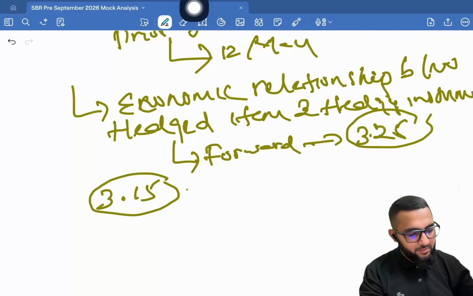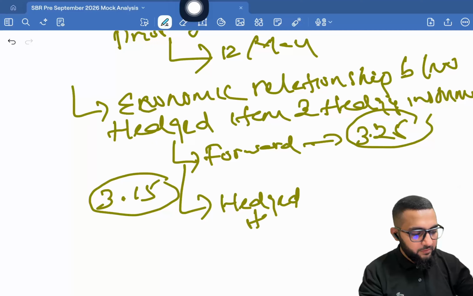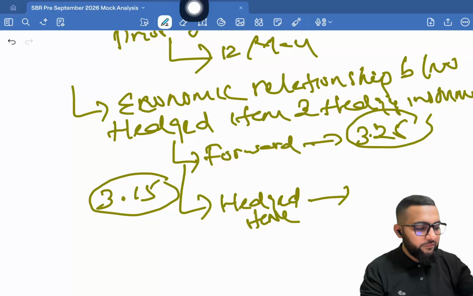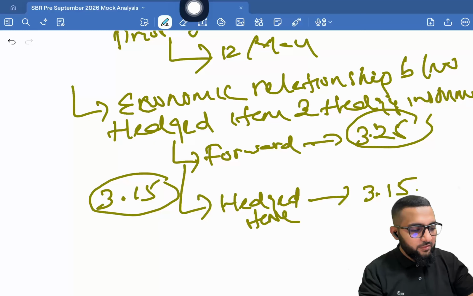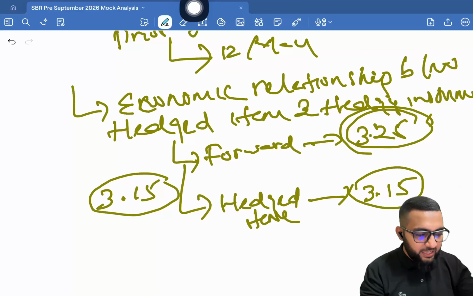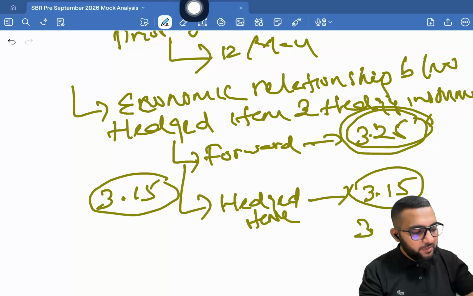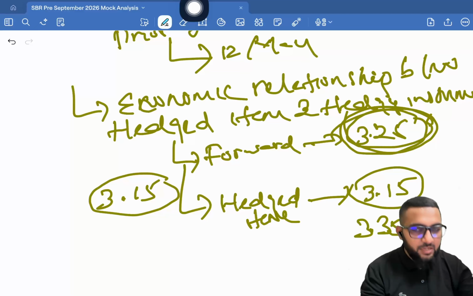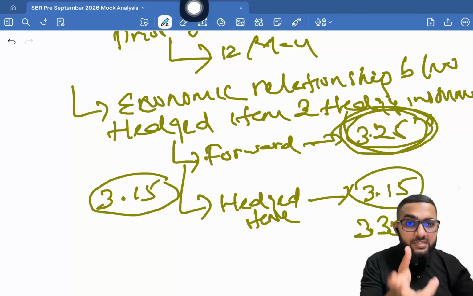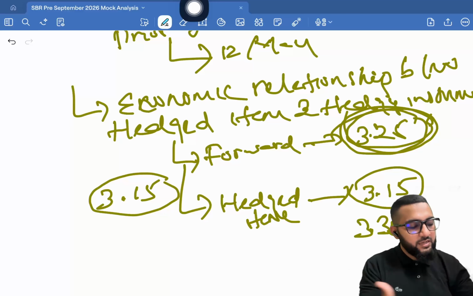So what happens here? The forward is the hedging instrument, 3.25. Let's say if the value is 3.15, this becoming better still keeps this worsen. If this becomes worse, this becomes better. There is an economic relationship. You can prove that there is an economic relationship as well.